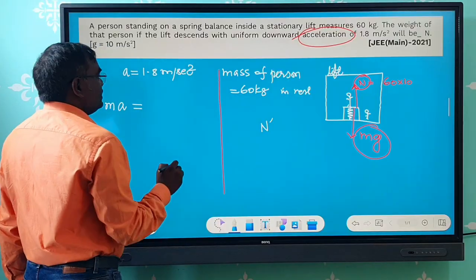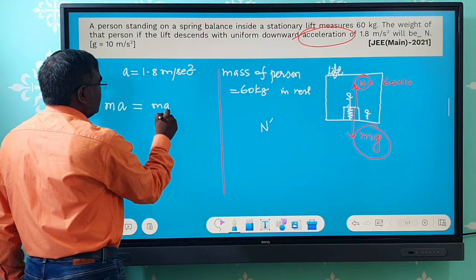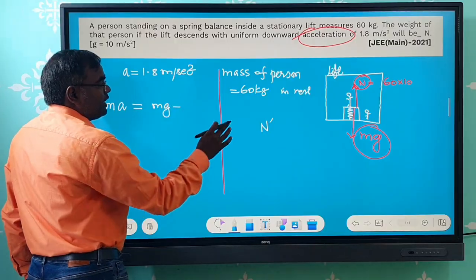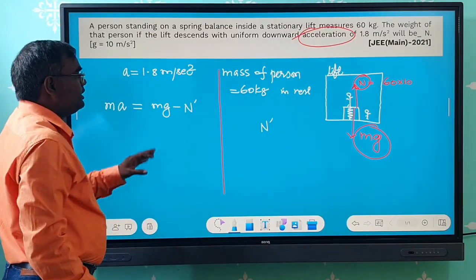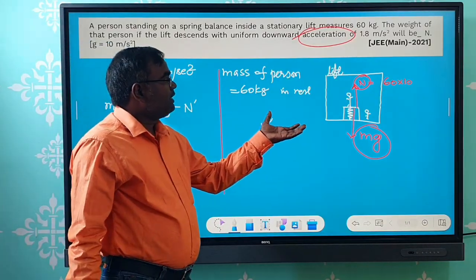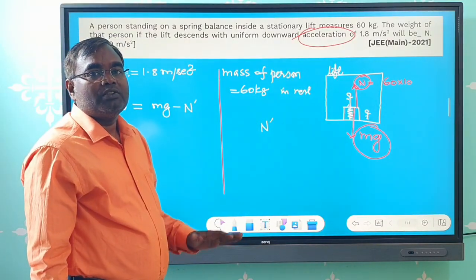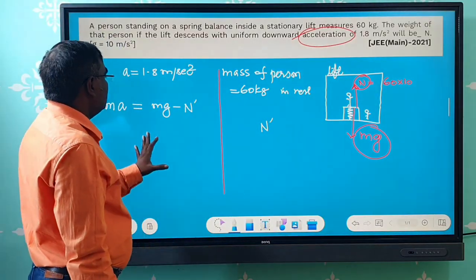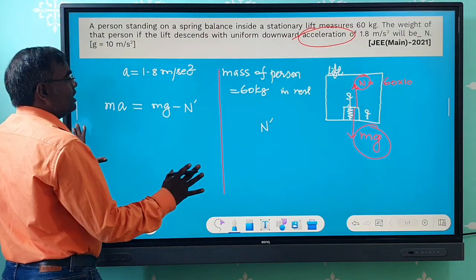So mg is acting downward, and the normal reaction will be N prime, which you have to measure. That normal reaction will ultimately give the apparent weight of the person when the lift is going downward. So this is the equation of motion by Newton's second law.